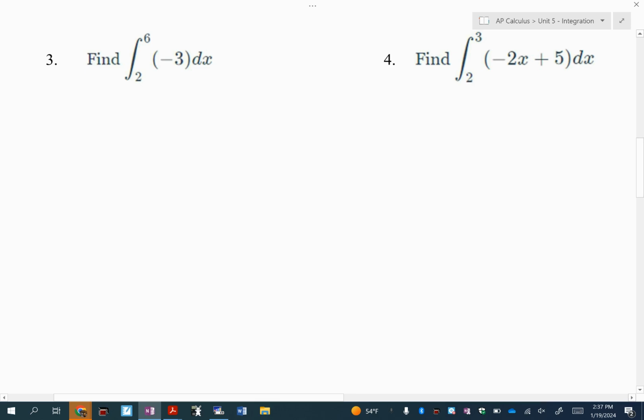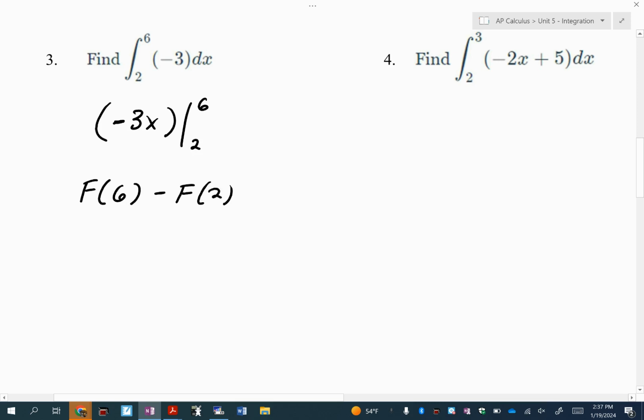So what's my antiderivative for negative 3? Negative 3x. Do I have anything else? No. You could do plus 6 or minus 8, whatever you want, but I'm going to choose plus 0 as my c. So I'm evaluating this at 6 and at 2 and subtracting the difference.